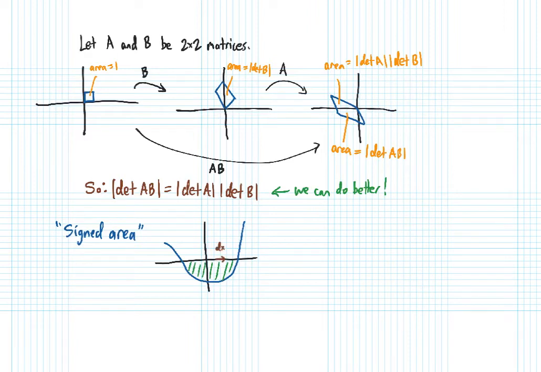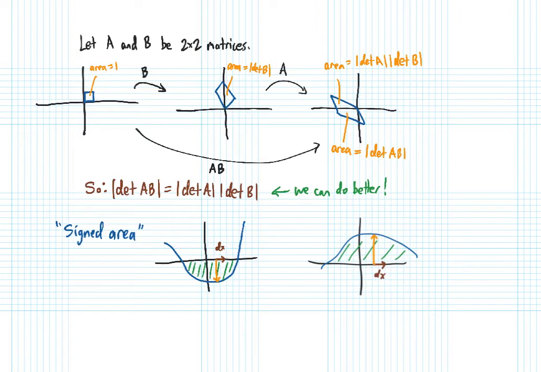Why is it there? Okay, so the quantity inside the integral is f of x times dx. Now the dx can be thought of as an infinitesimal vector that's pointing to the right along the x-axis. It's actually a limit of delta x's, where delta x is an actual vector that's pointing to the right along the x-axis. And then the f of x can be thought of as a vector that points in the vertical direction. Now let's compare this to what happens when you have a positive function.